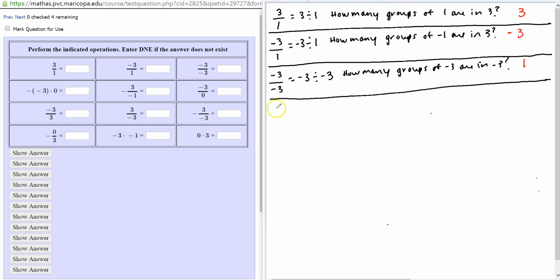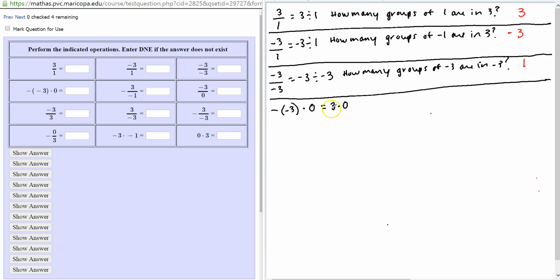This is multiplication. So we have the opposite of negative 3 times 0. Now, we can simplify the opposite of negative 3 first. We don't really need to, but the opposite of negative 3 is positive 3.